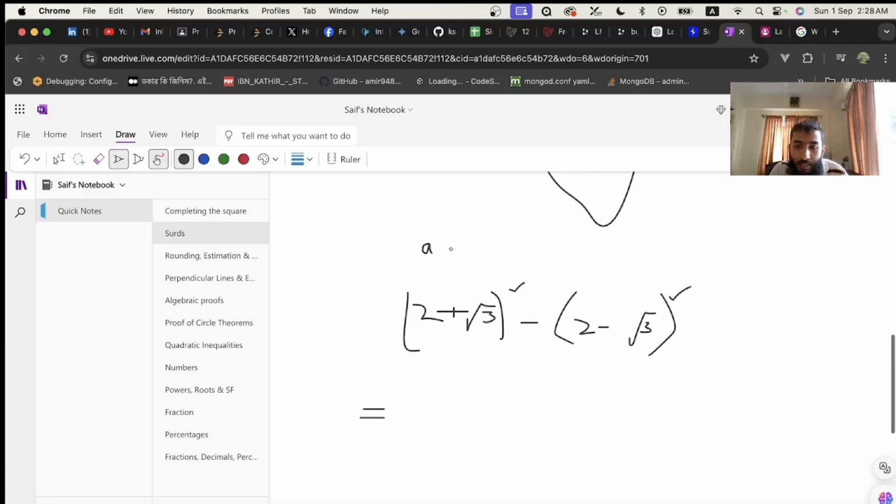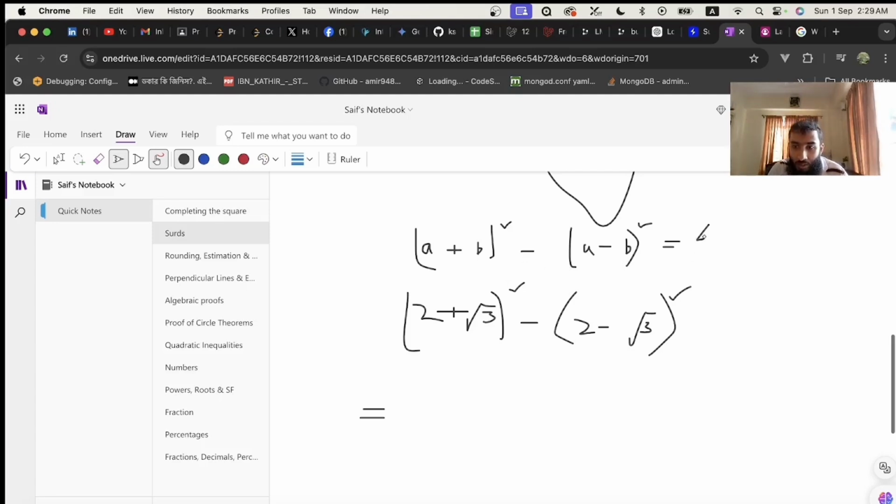A plus B whole square minus A minus B whole square. So you just have to use the formula. A plus B whole square is A square plus twice AB plus B square, and A minus B whole square is A square minus twice AB plus B square, and there is a minus between them.